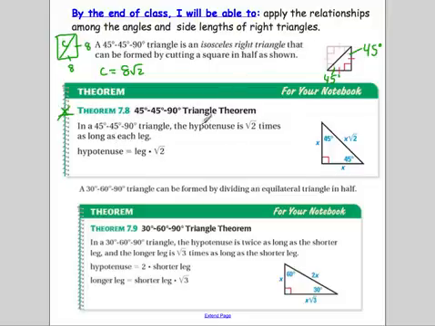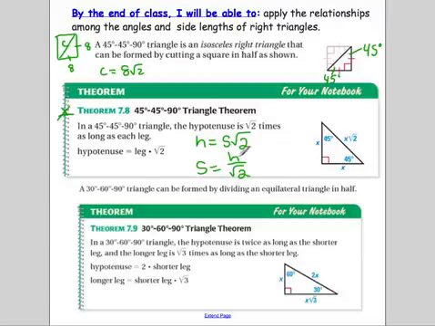So if we're looking for the hypotenuse, we would just take whatever the side length is, and multiply it by the square root of 2. Similarly, if we're looking for the side length and are given the hypotenuse, we'll take the hypotenuse and divide it by the square root of 2. So depending on what we're given, we'll either multiply by the square root of 2 or divide by the square root of 2. And in many cases, we'll have to rationalize this denominator, but not all of them.